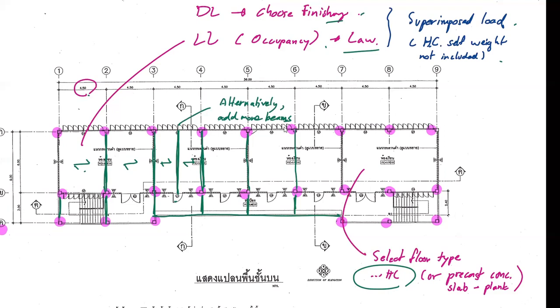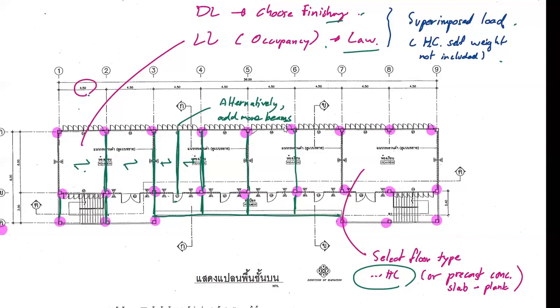But when you want to sum the load that your columns have to carry, you have to add the weight of the hollow core itself. So they got so confused. What's the load? Do we have to add it here, then?